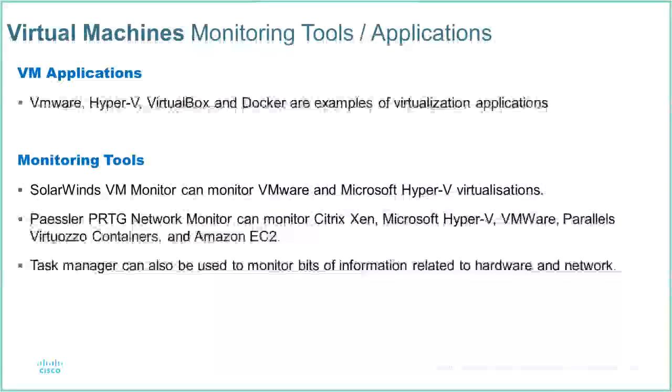In other words, how much resources they're using on the host machine. So you can monitor the host machine resources using Task Manager, SolarWinds, Paessler, and that for the actual virtual machines themselves.